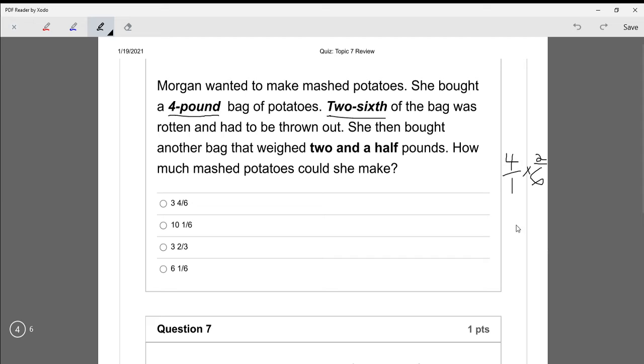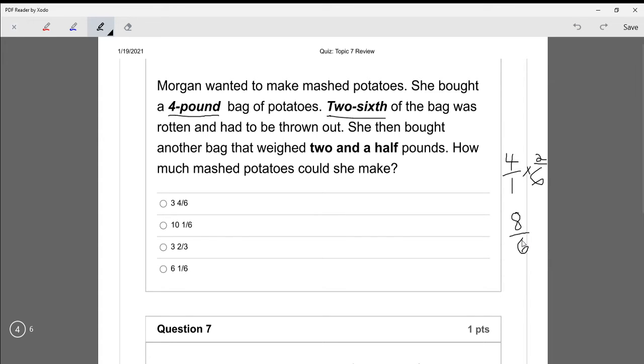So 4 times 2 equals 8. 1 times 6 equals 6. We're just multiplying across. That is how you multiply fractions, just straight across. Numerator times numerator, denominator times denominator.